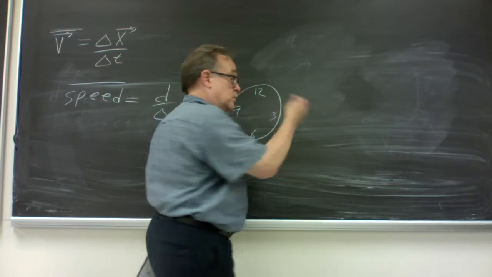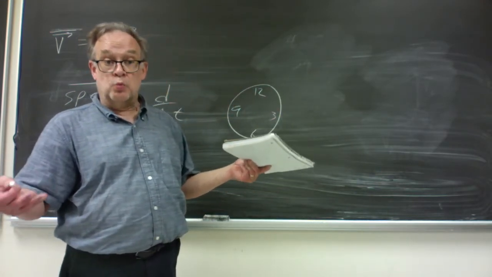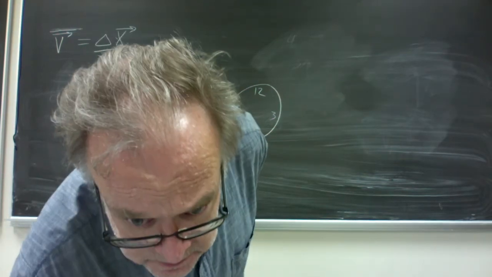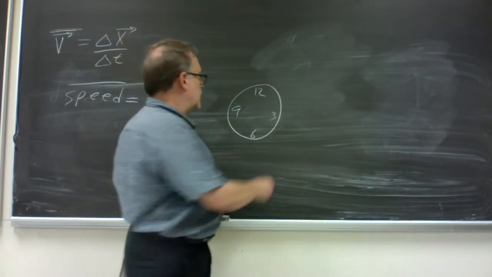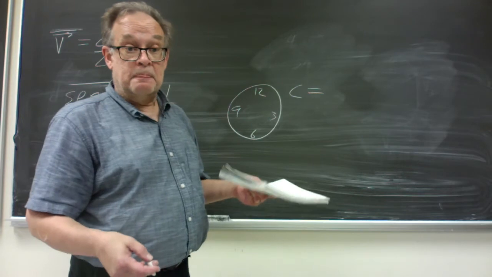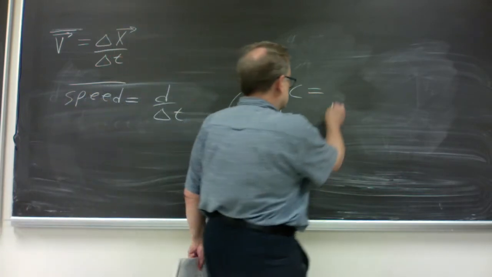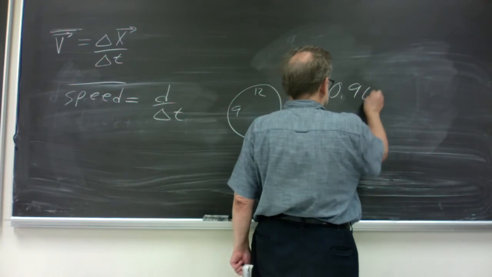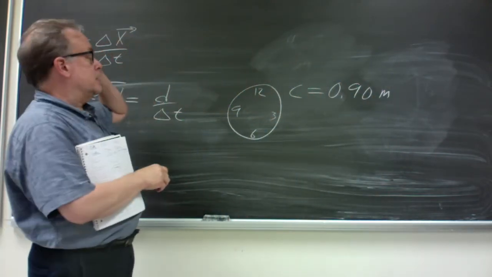And let's say we have a somewhat large wall clock whose circumference we'll say is 0.90 meters, or 90 centimeters.